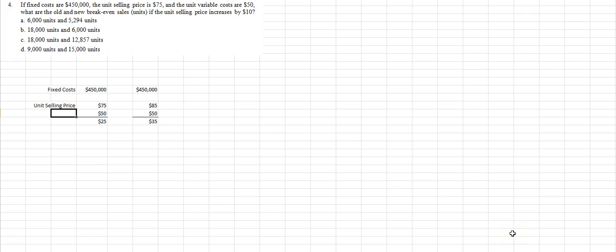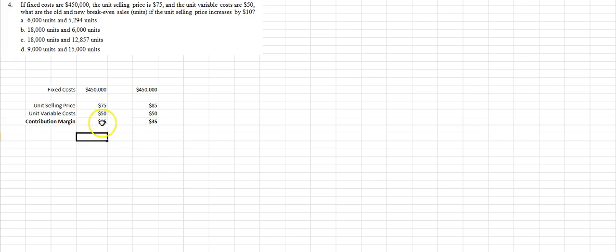And this is unit variable costs. So each unit, let's call this the contribution margin. So under scenario 1, the contribution margin is $25 per unit towards fixed costs. Under scenario 2 is $35.